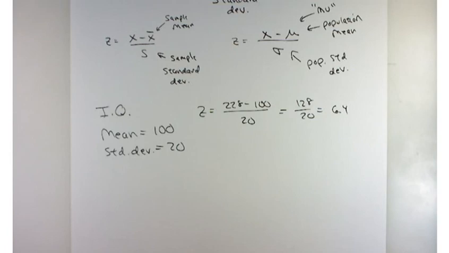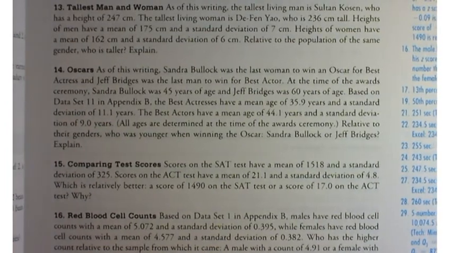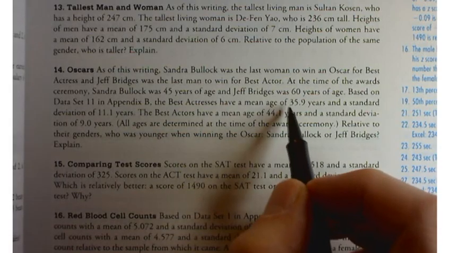Let's do a couple more here, this time from the book, problem number 14. As of this writing, Sandra Bullock was the last woman to win Oscar for Best Actress. Jeff Bridges was the last man to win for Best Actor. At the time of the award ceremony, Sandra Bullock was 45 years old, and Jeff Bridges was 60 years old. All right, so they're giving us the relevant information here.